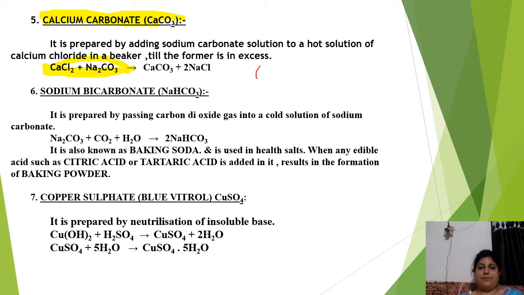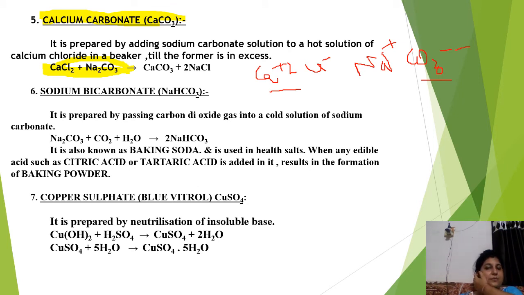Calcium chloride is split up into Ca2+ and Cl-, while sodium carbonate is split up into Na+ and CO3 2-. The positive ion will get attached with the carbonate ion, the negative ion of the compound, and result in the formation of calcium carbonate, while this Na will fuse with Cl and result in the formation of NaCl.